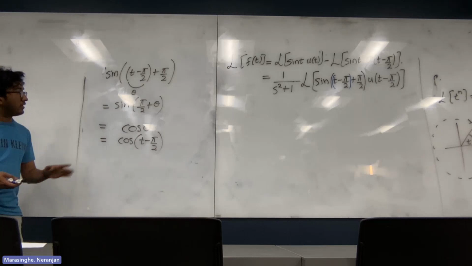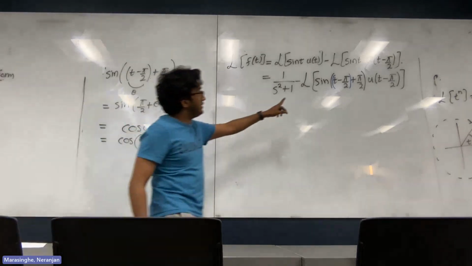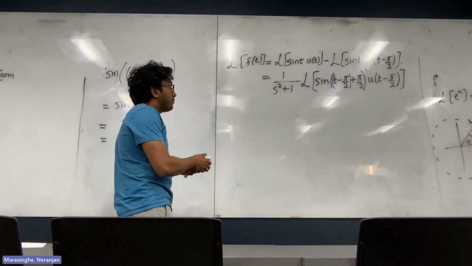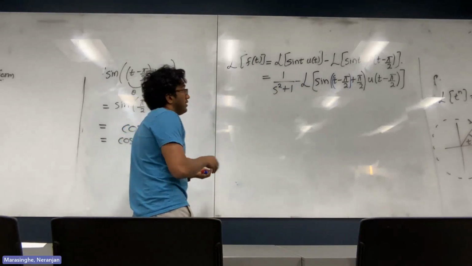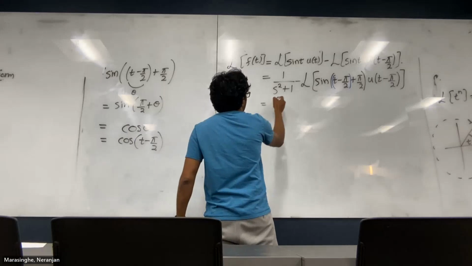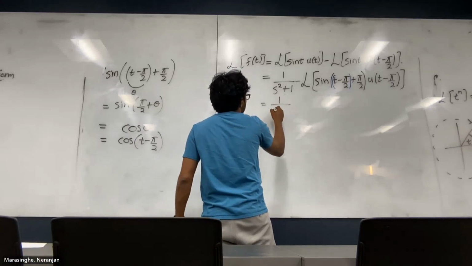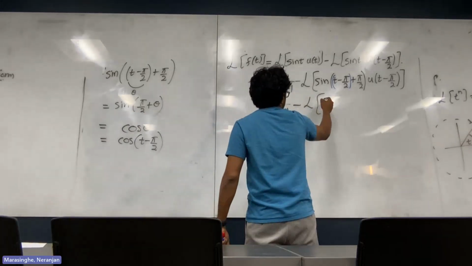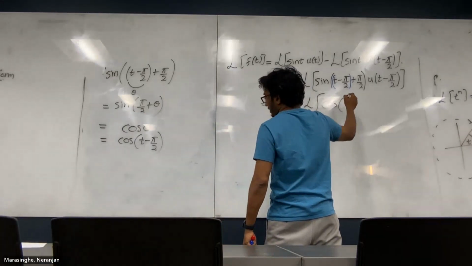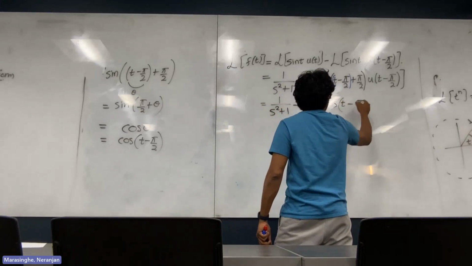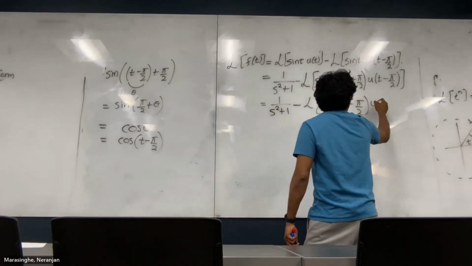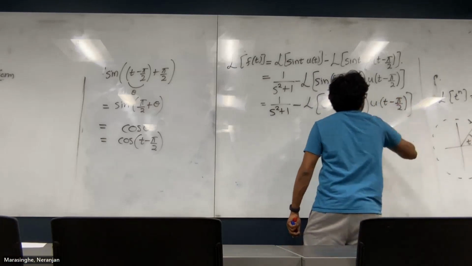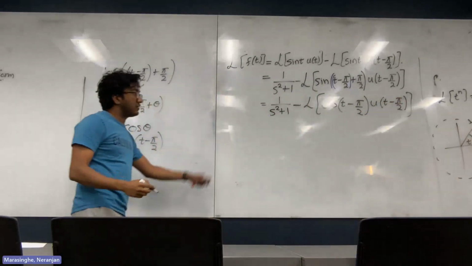Now I know what this expression is. It is equal to cosine of t minus pi divided by 2. So I'm going to replace this expression by cosine of t minus pi divided by 2, times u(t minus pi divided by 2).